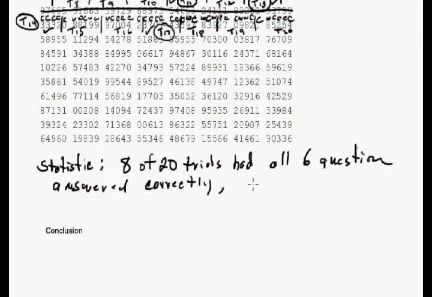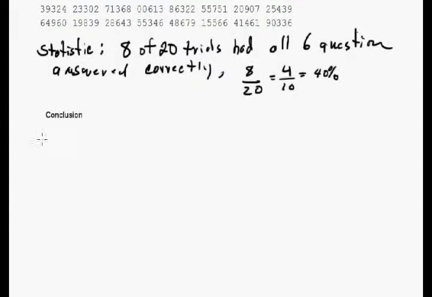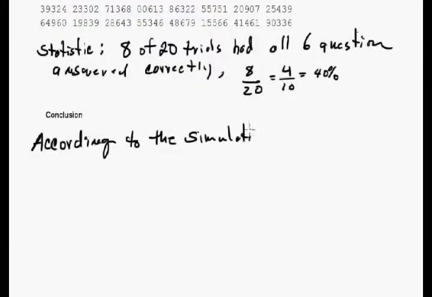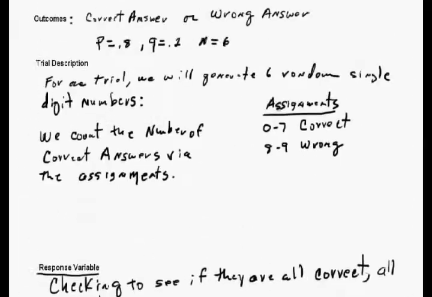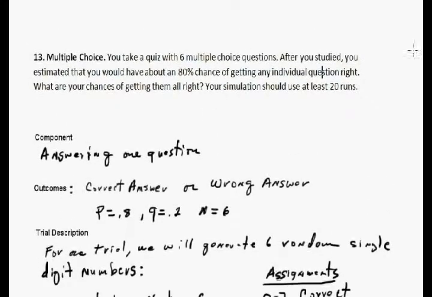So that's, do a little algebra, 8 out of 20 is 4 out of 10, right? So that's 40%. So there's my math. So according to the simulation, let's go back up and see what the question was. Let's just make sure.